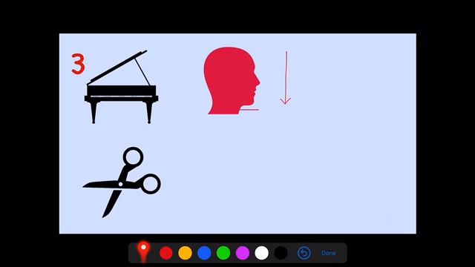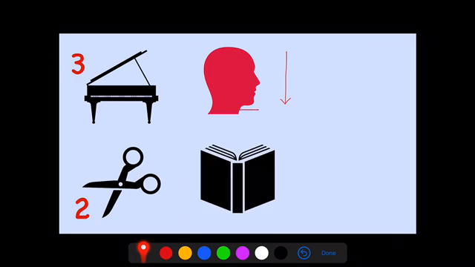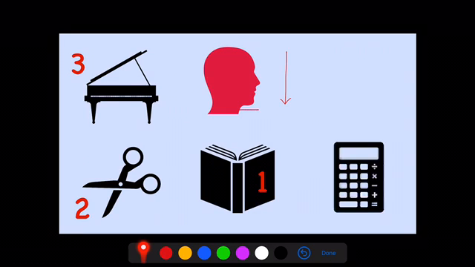Scissors, scissors. Scissors, scissors. Book, book. Just one. Calculator. Oh, that has got a lot of syllables.